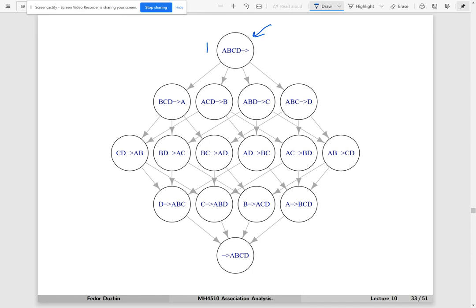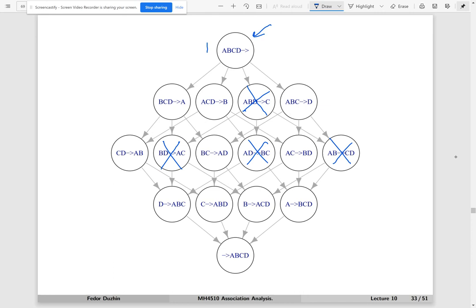And suppose that for one of these combinations, we found that it does not have enough confidence. If this is not confident enough, it means that whatever contains C on the right-hand side and something else is not going to be confident either. So this is not, this is not, this is not. They all contain C on the right-hand side.